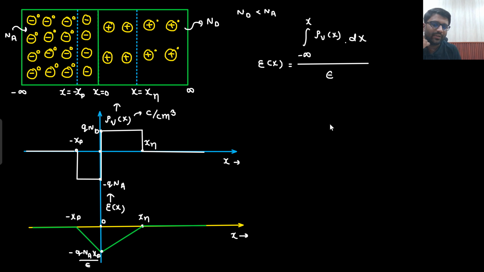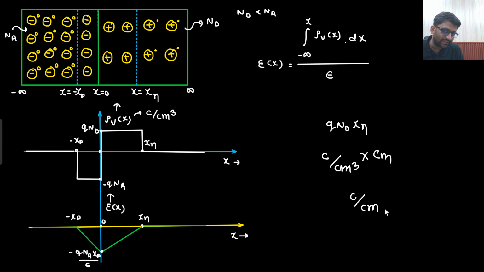This area was giving me qNd xn. q means coulomb, and Nd means per centimeter cube, multiplied with xn in centimeters. What you are getting is total charge per centimeter square, right? So rho(x) dx, qNa xp, qNd xn.